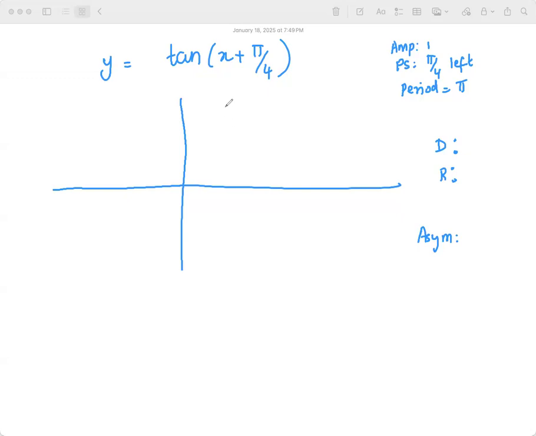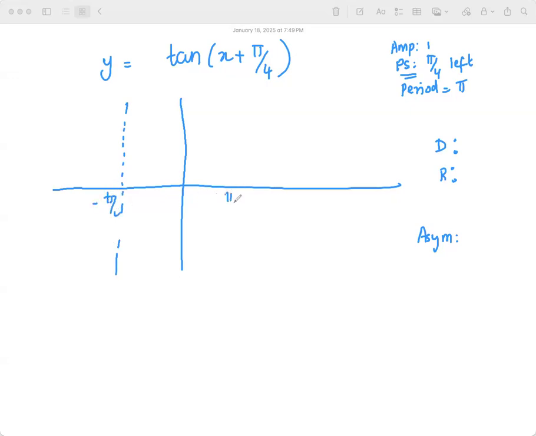Very nice. So the problem is our usual graph has period pi, but the asymptotes are at pi by 2. So here it's phase shifted pi by 4. So our usual graph, let me draw first like this.